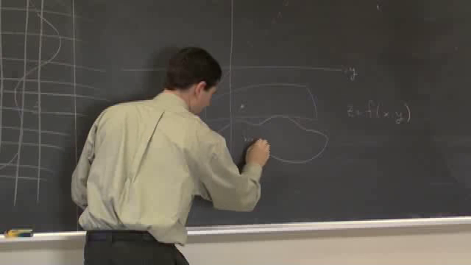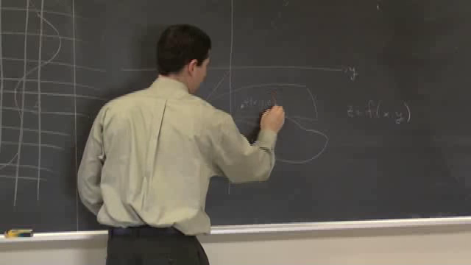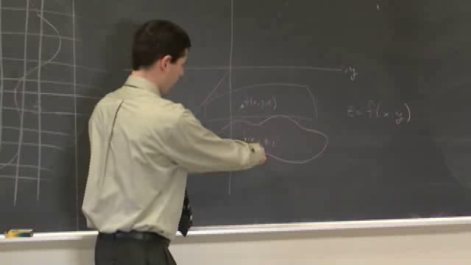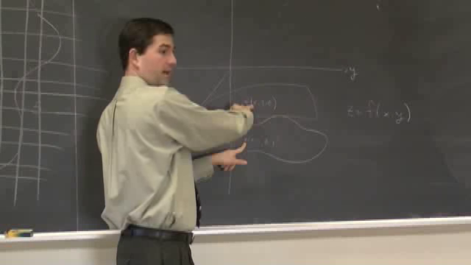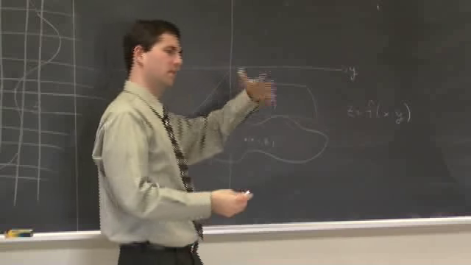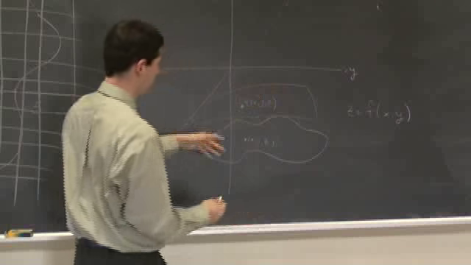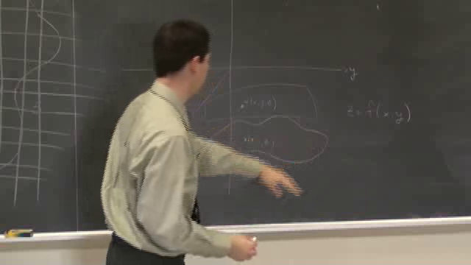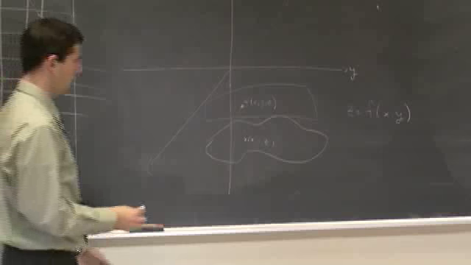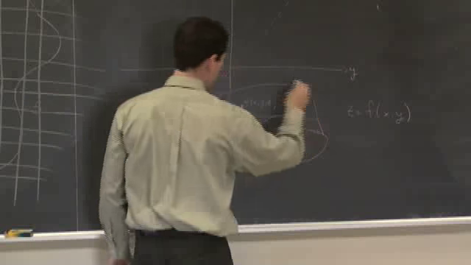So if that was your x, y, z, this would be f of x, y. It doesn't have to lie right above it. This point just goes into the function and spits out some value. And if the function is continuous in some nice way, it's going to build some surface that sits over here.